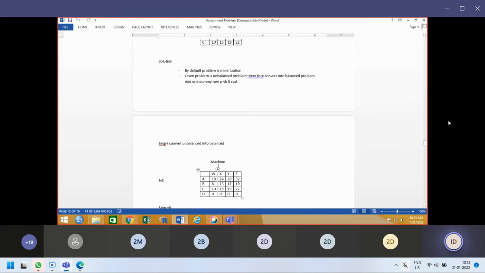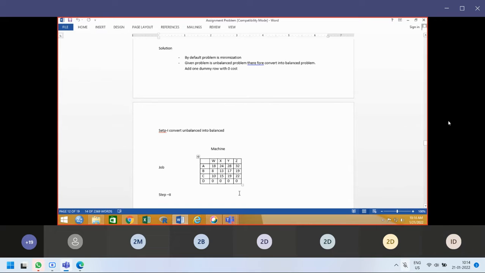Now here, these are the 4 machines and these are the 4 jobs, and the last job has cost 0. 0 means it doesn't affect the solution, right? Why are we adding the 0 elements? Because if you add or subtract 0, there is no effect at all. So the original problem is not going to be disturbed.